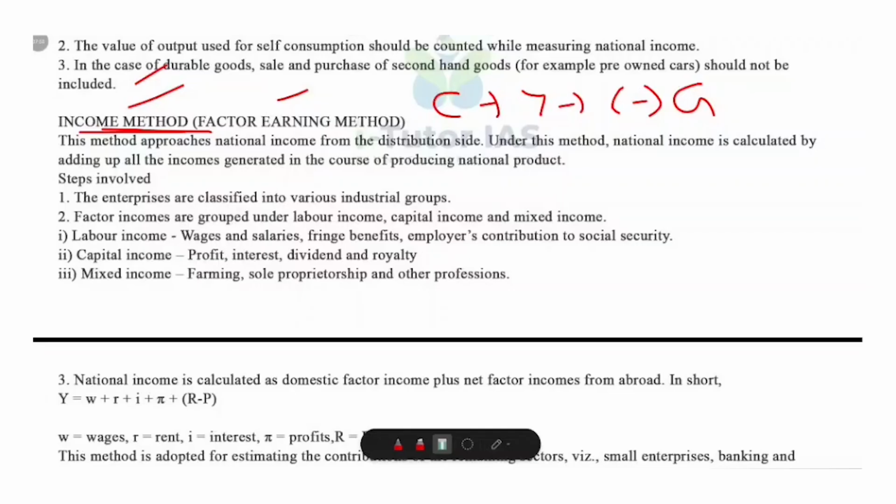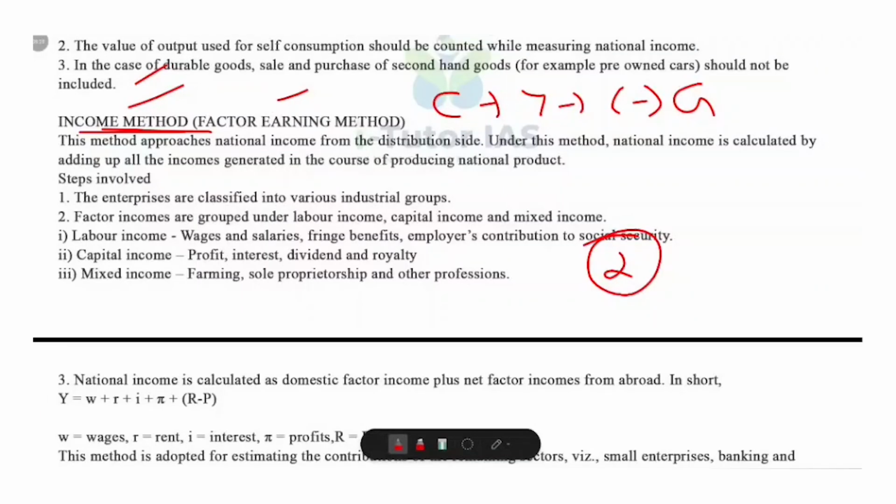So what are the steps involved here? First, we will classify businesses. That means divide all enterprises into groups like agriculture, industry, services and so on. Then, in the second step, what will we do? We will add all the factor incomes. For example, labor incomes like wages, salaries, bonuses, employees' contribution to social security are added.